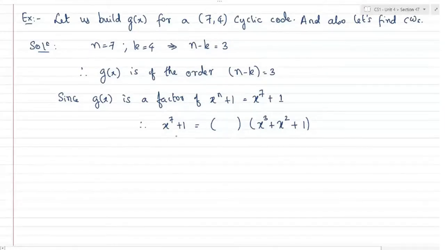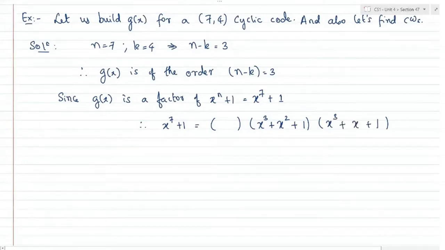Similarly, I can take another polynomial of the degree 3. This could be x power 3 plus x plus 1. If you carefully look at this, and if I multiply these two polynomials, the remaining polynomial is simply x plus 1. So x power 7 plus 1 can be factorized into three polynomials, where the two polynomials of order 3 are generators, and I can pick either of these as g of x.